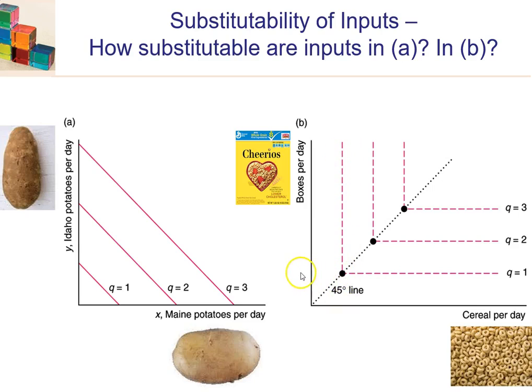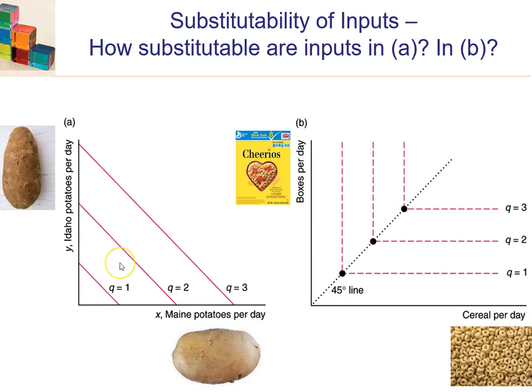Likewise, if you only have a single cardboard box, but you have many more Cheerios than can fill a single box, this doesn't increase your output either. So you need the perfect combination of cardboard boxes to go along with the ingredients. So the expansion path here is on a 45-degree line, the most efficient expansion path. This way you don't have leftover cardboard boxes or leftover ingredients. So these are not substitutable at all.